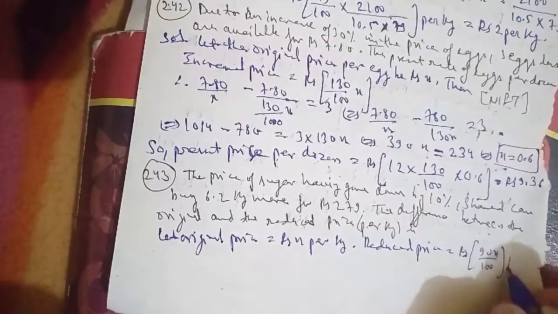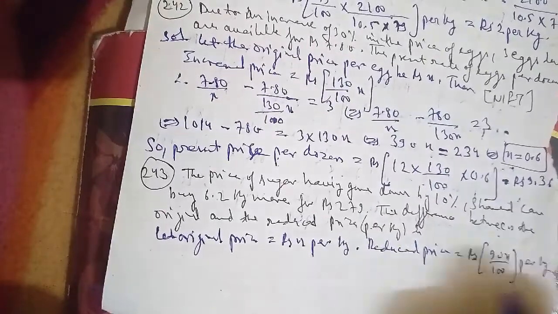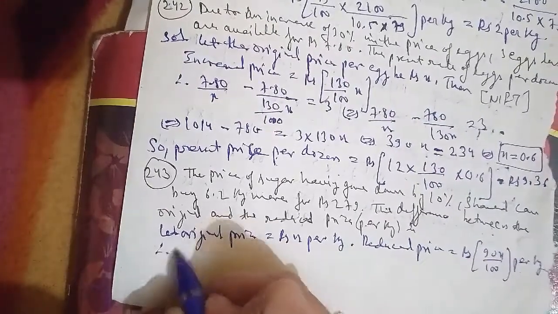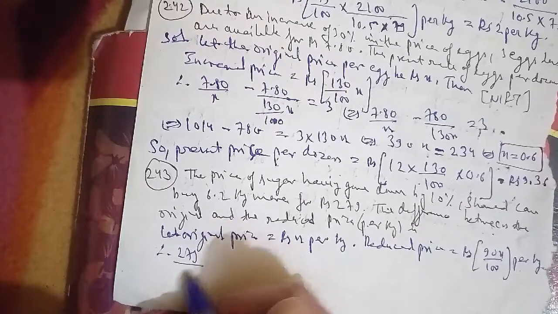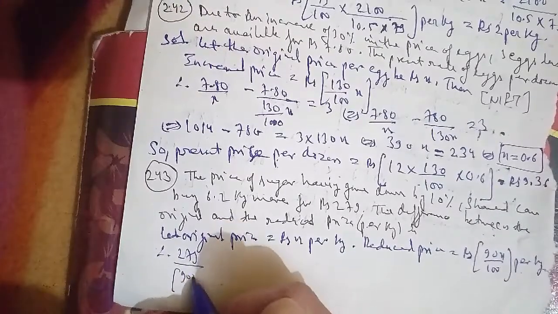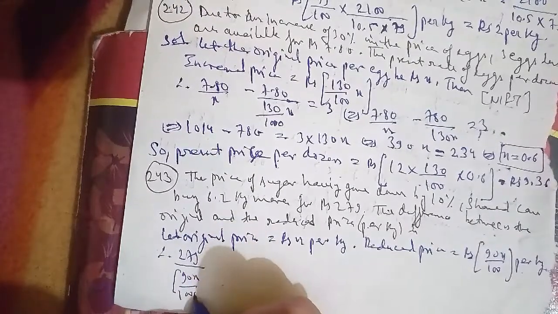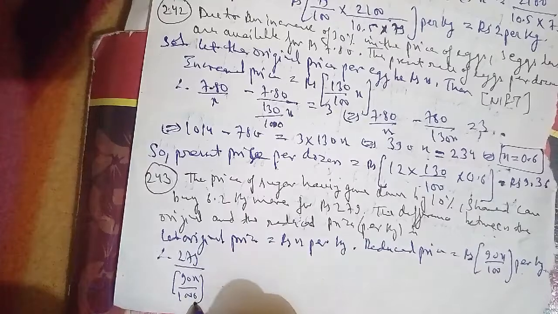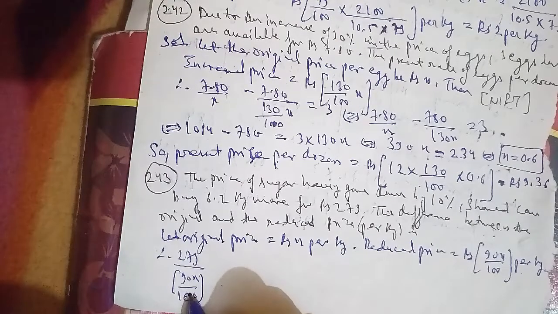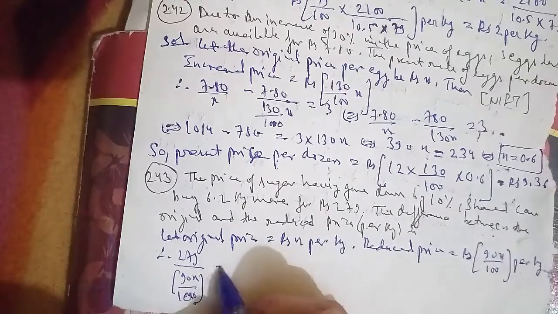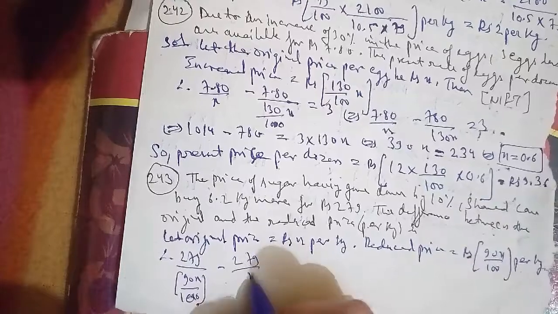27900 minus 25110 equals 6.2 into 90x, which is equal to 558x. So 2790 equals 558x, and x is equal to 5.